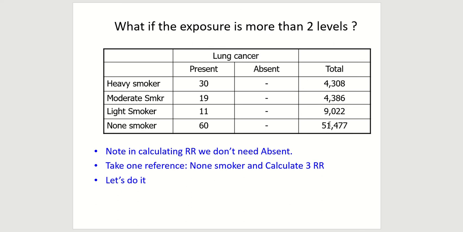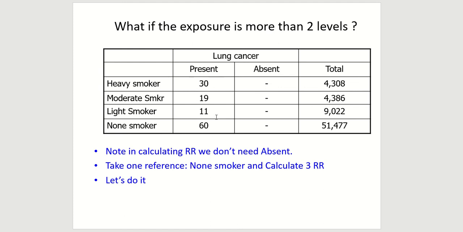The non-smokers 51,477. I did not calculate the absent because when we calculate a relative risk, you don't really use the absent. You're just going to calculate the incidence in the heavy smokers, 30 over 4,308. For the moderate, you can also do the same thing, the 19 over the 4,386. The light smoker, same thing, and the non-smoker, the same thing.